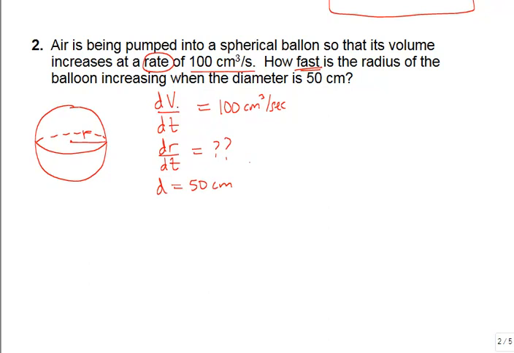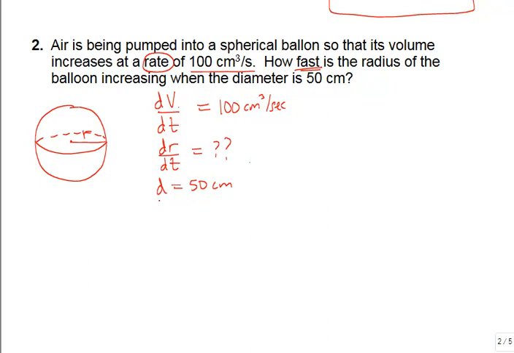So we have volume, we have a radius, and we have diameter. We need some kind of an equation that's going to relate all of these things. Now hopefully you recognize that radius and diameter are already related to each other. So there's a simple solution to kind of eliminate at least one of these variables.